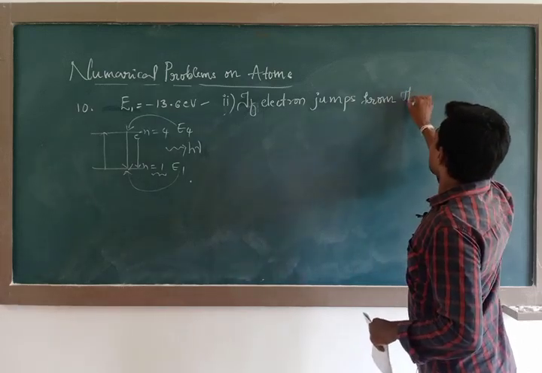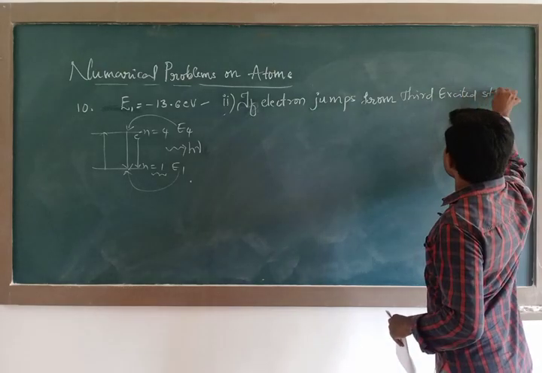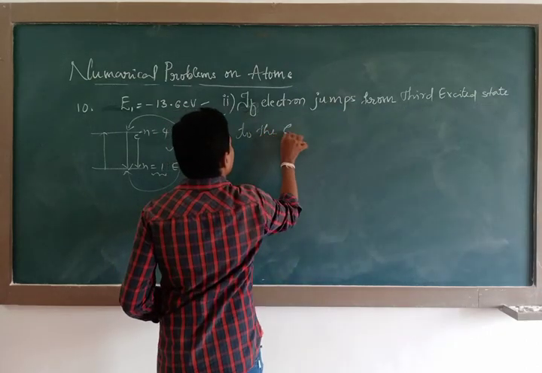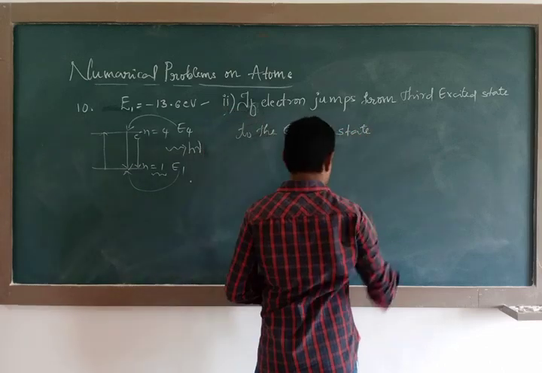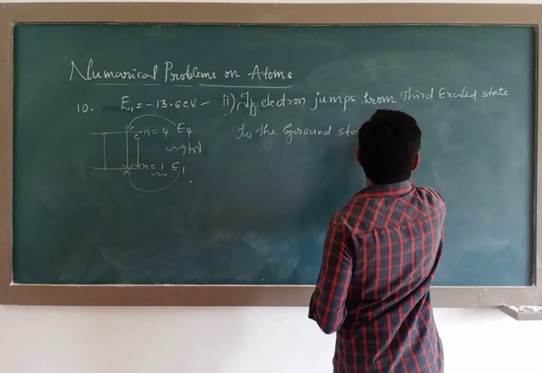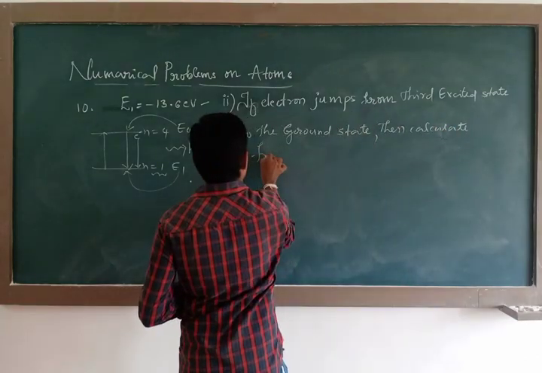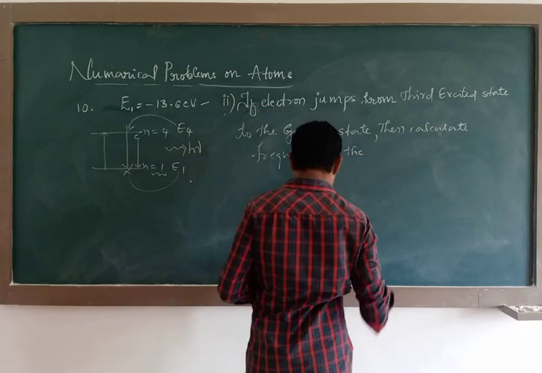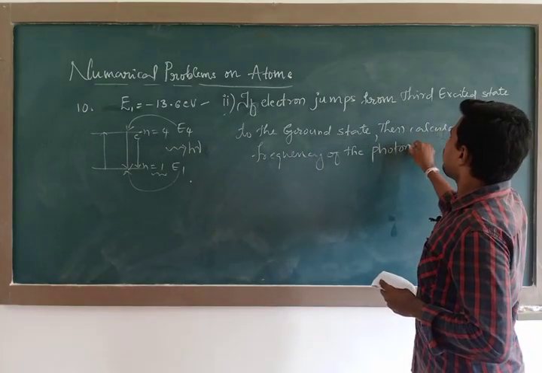So the second part of the question: if the electron jumps from the third excited state to the ground state, then calculate the frequency of the photon emitted.